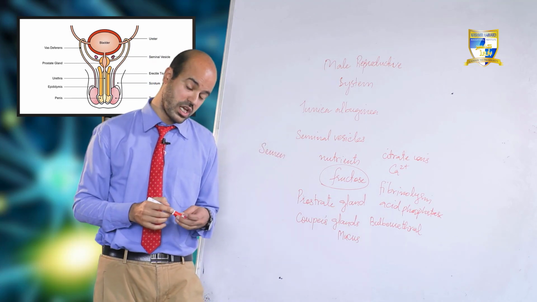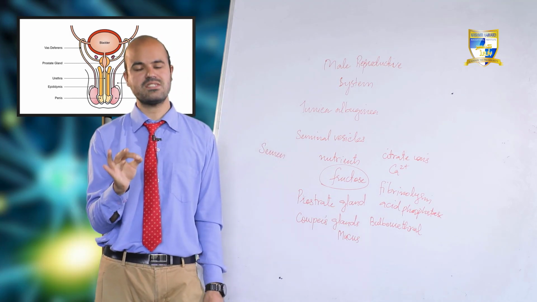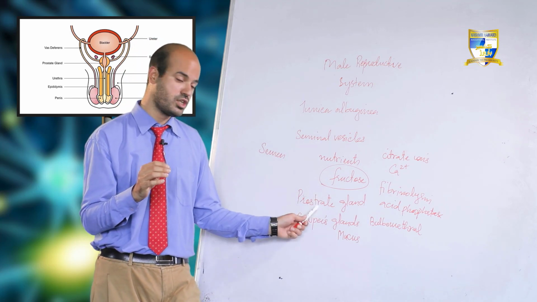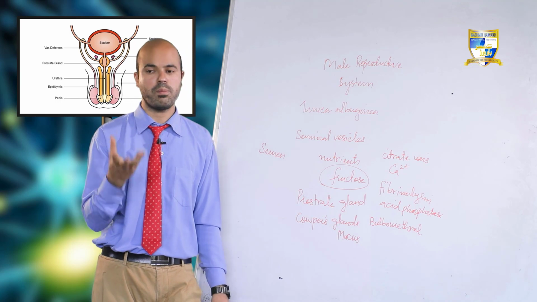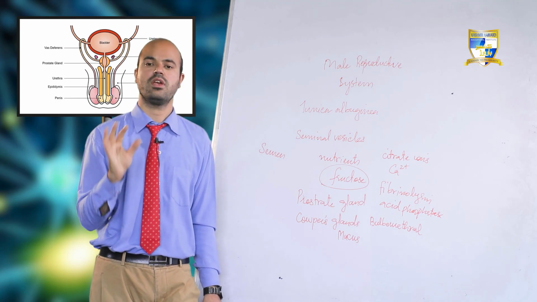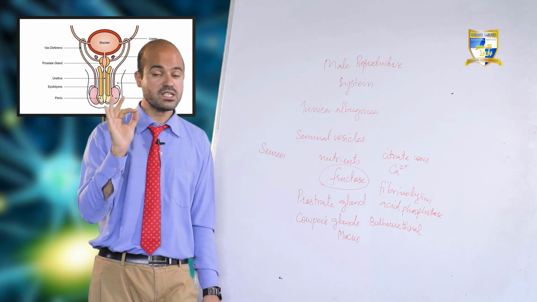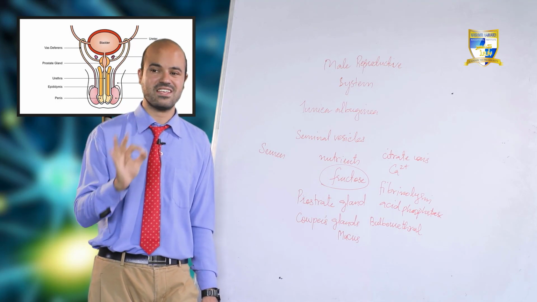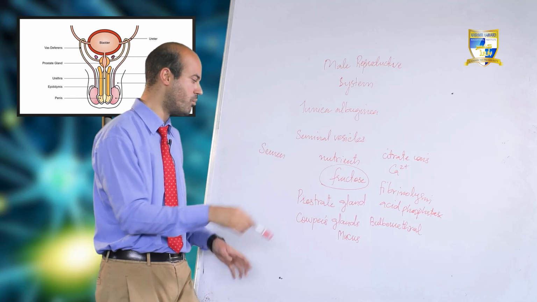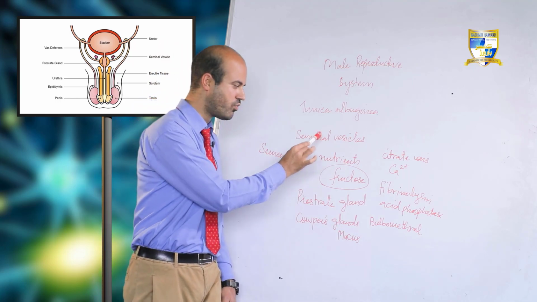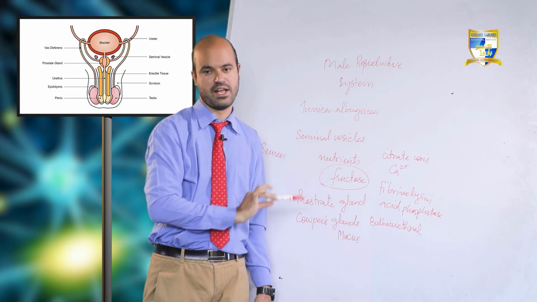But you can also say it like this: sperm cells added with the secretion of seminal vesicles, the secretion of the prostate gland as well as Cowper's gland form semen. It's also correct. But sperm cells are not secreted as such. They are actually secreted in the form of a white colored fluid which is called semen, which possesses the secretion of all three glands.